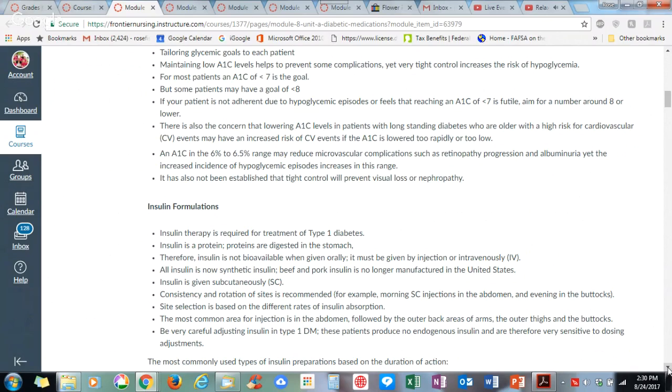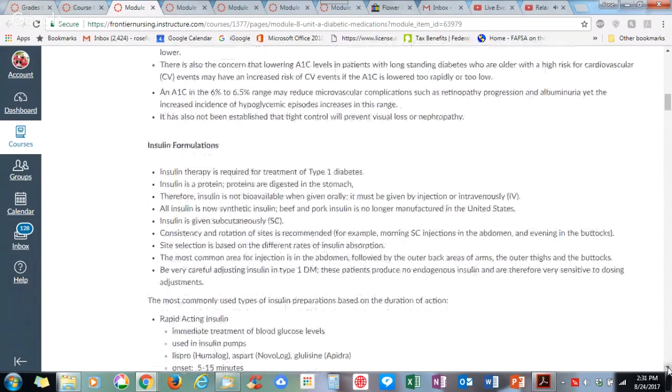There is also the concern that lowering A1C levels in patients with long-standing diabetes who are older and at high risk for cardiovascular events may carry an increased risk for cardiovascular events if A1C lowers too rapidly or too low.